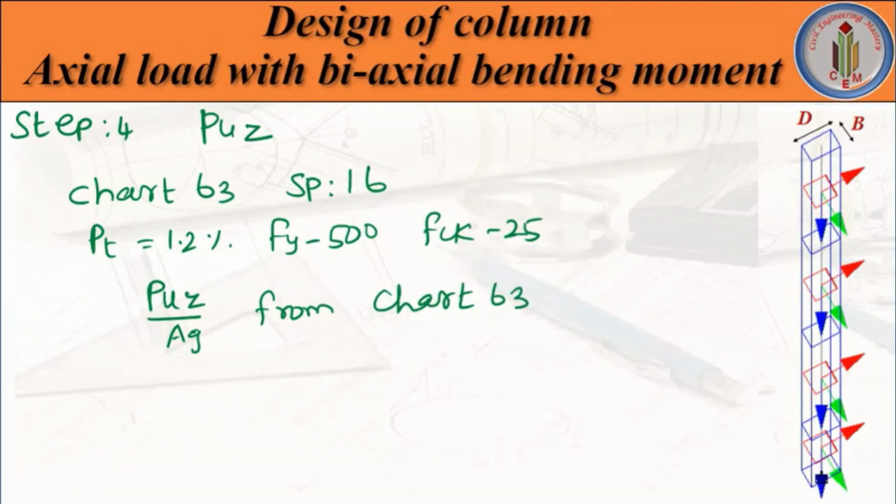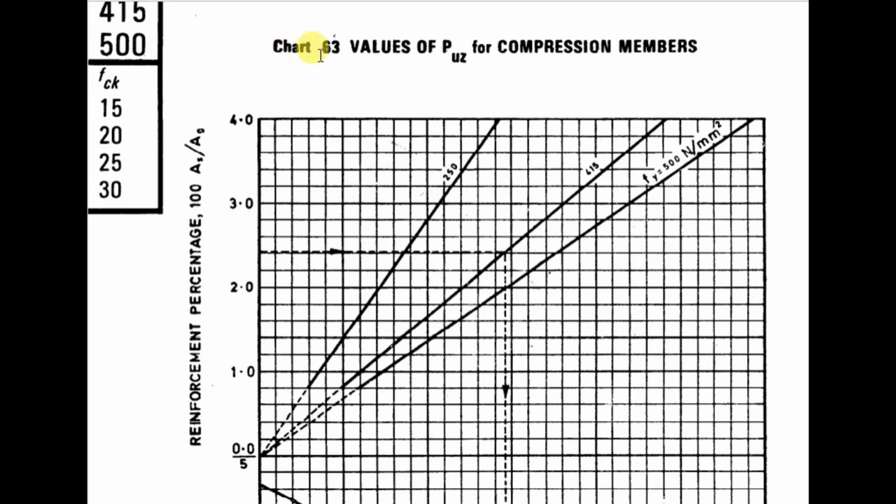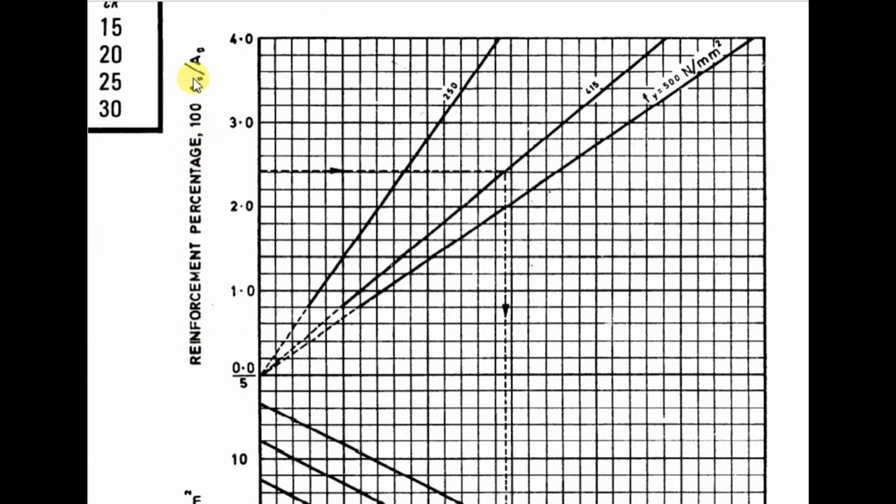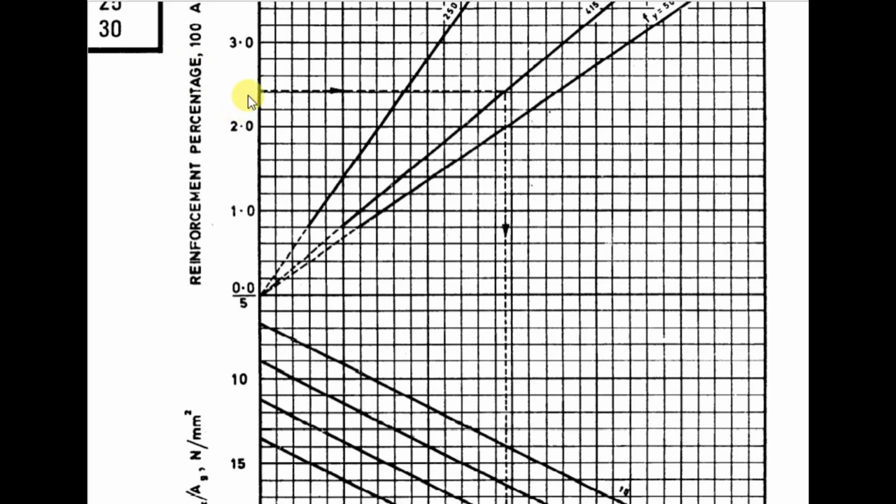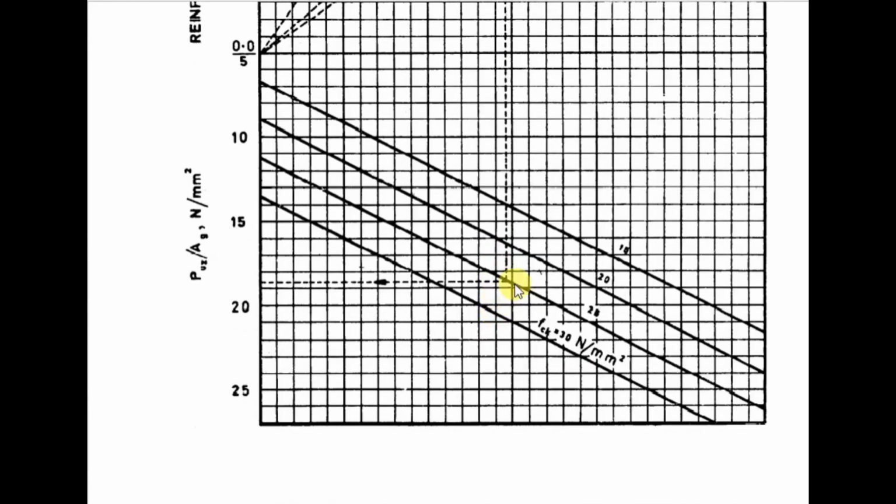From chart 63, this is chart 63, values of PUZ for compression members. First we should know how to use this chart. Here the reinforcement percentage is given. You can see this line, see how the arrow mark indicates. In this way we need to go and get the values.